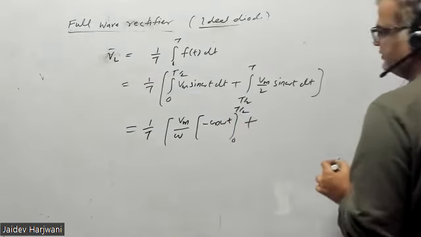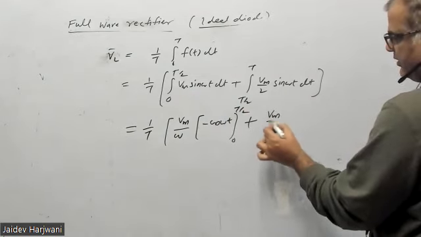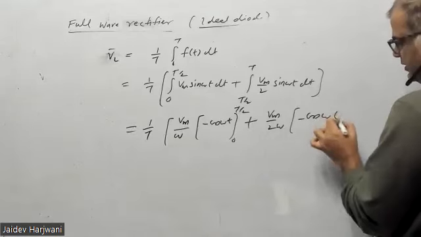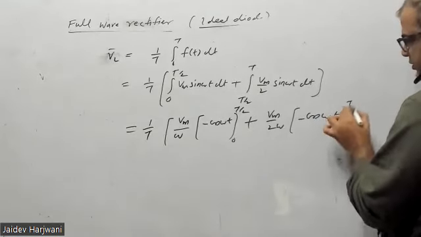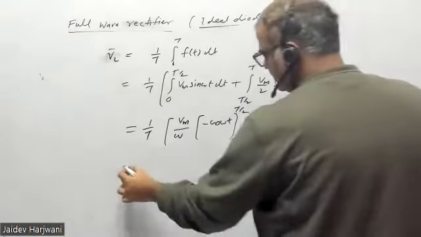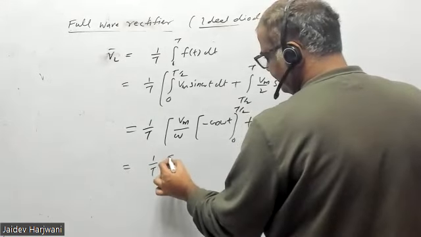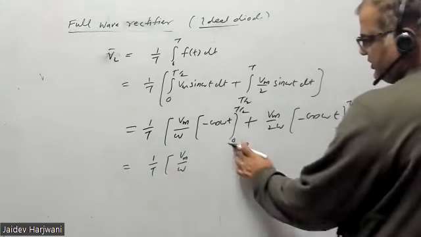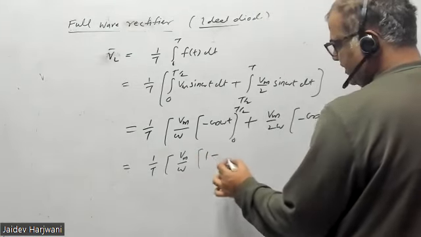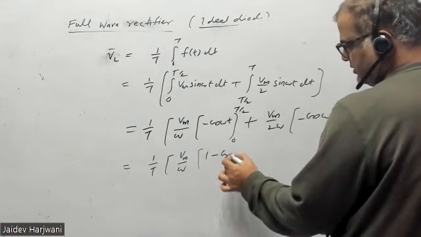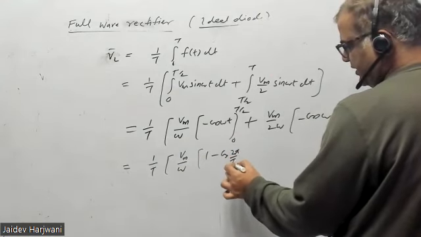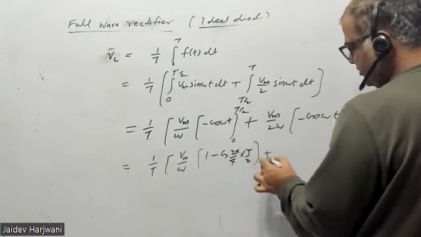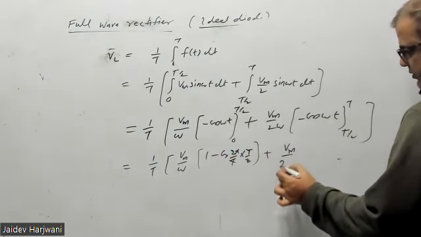plus Vm by 2 minus cos omega t from T by 2 to T. Okay, so this is 1 by T, Vm by omega. I put 0 here, so 1 minus cos 2 pi T by 2, cos pi minus 1 is 2, Vm upon 2 pi.